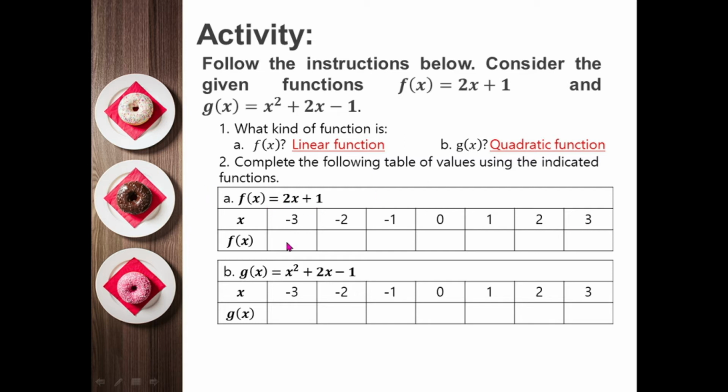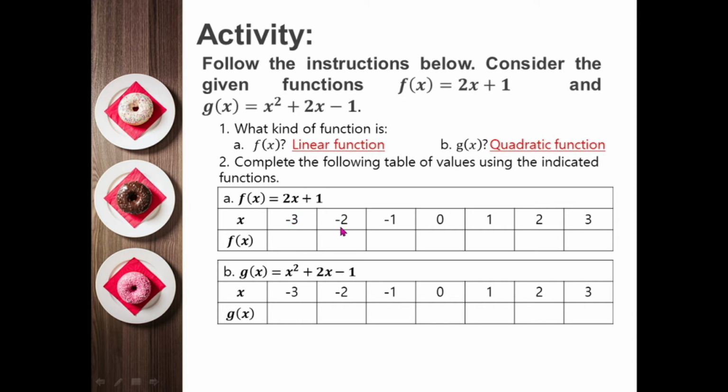function. So, if x is equal to negative 3, f of x would be equal to 2 times negative 3, so therefore we have negative 6 plus 1, so therefore we have negative 5.